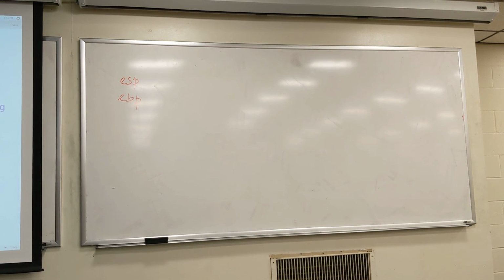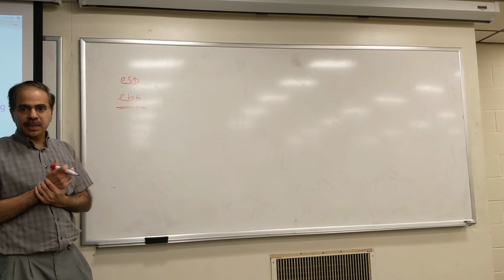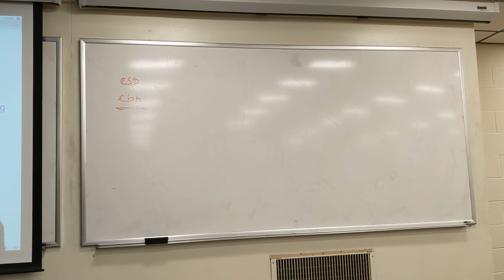Now, how do you find what these values are? For instance, you know that EBP is going to be saved on the stack, right?